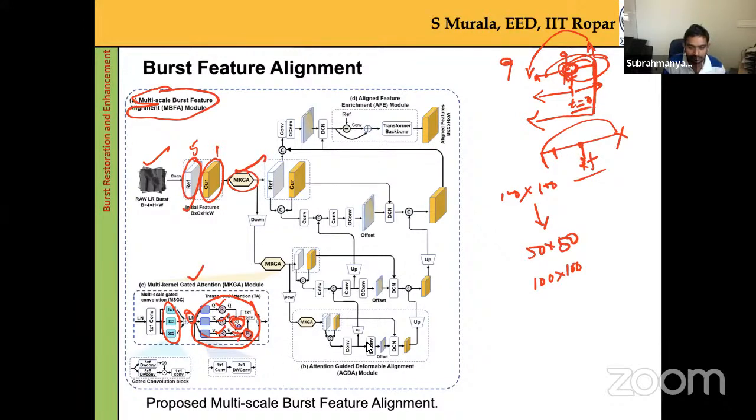A similar procedure is performed for two more downsampling operations. Once I perform this, I take the reference and current frame features, and both are concatenated. After this I perform some convolution operations, followed by deformable convolutions. I will tell you what deformable convolutions do in later slides.